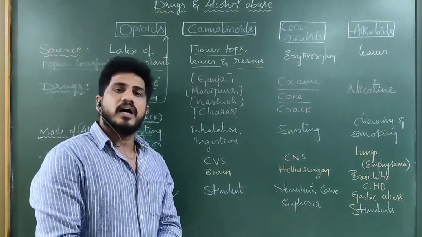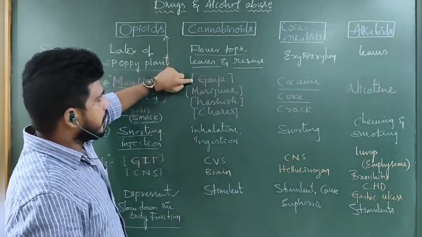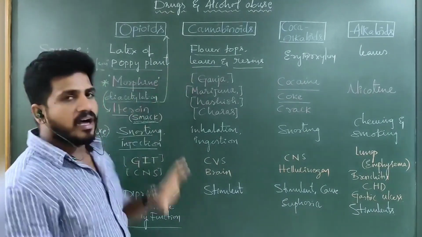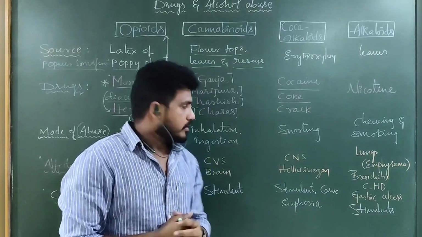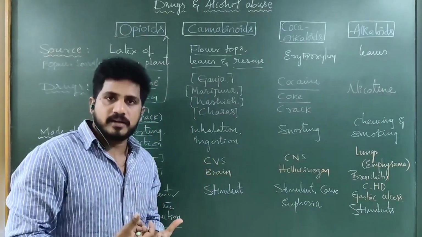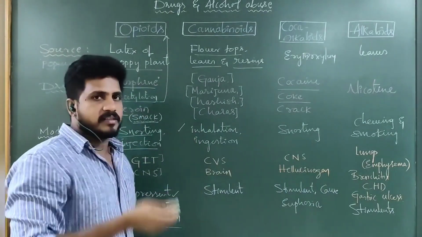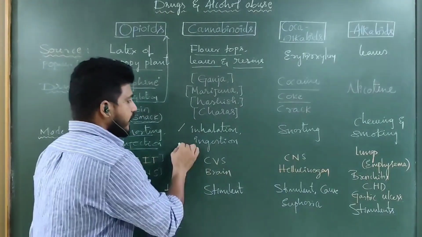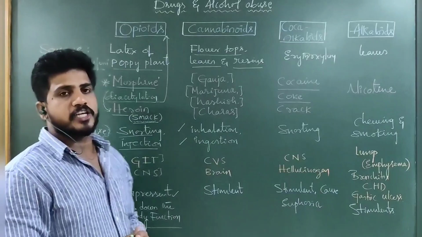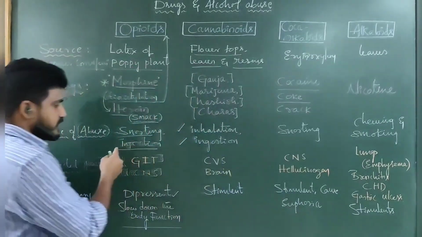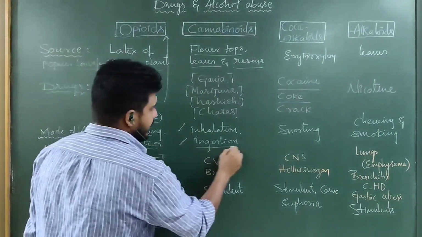What are the drugs under the cannabinoids? Ganja, marijuana, hashish, charas. These are stimulants. They boost up our physiological functions. They are consumed by inhalation, which means snorting, and ingestion. Ingestion means what? Here chewing, not injection. This is injection and this is ingestion.